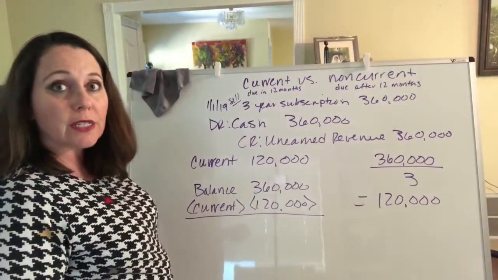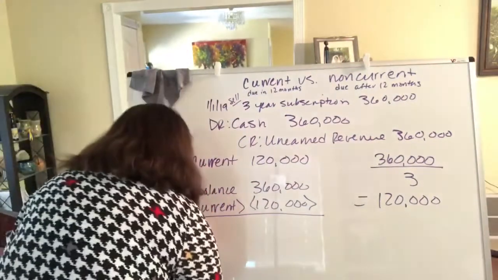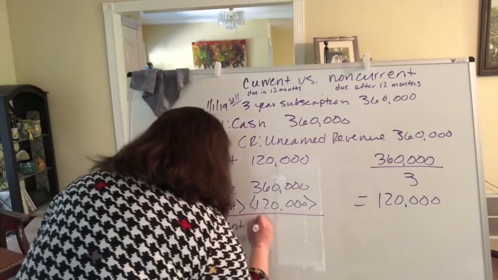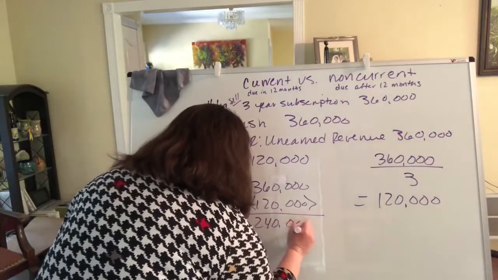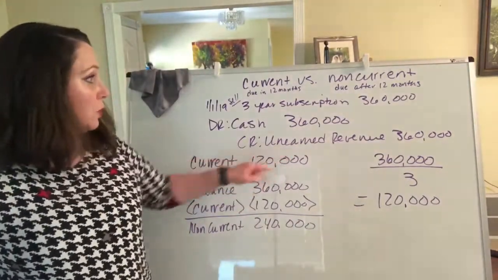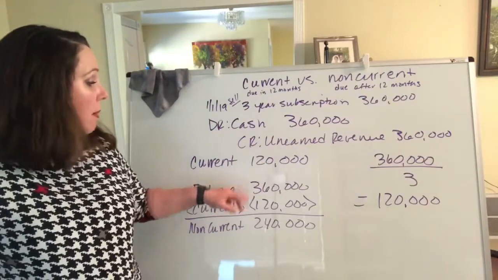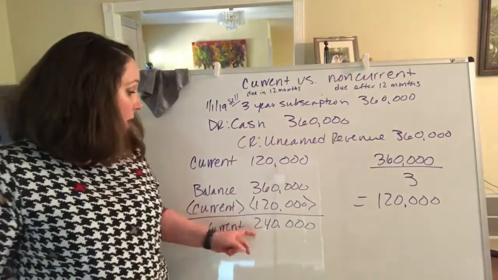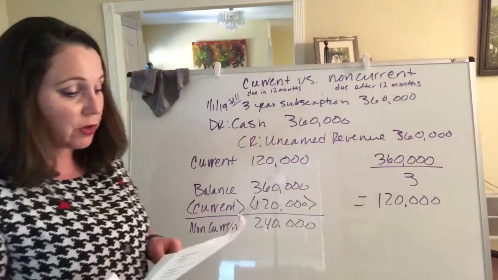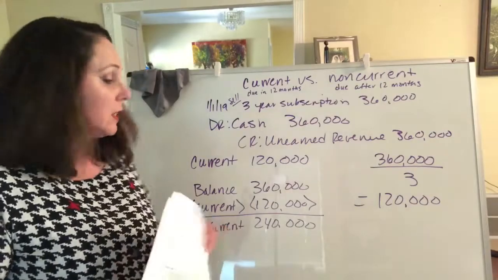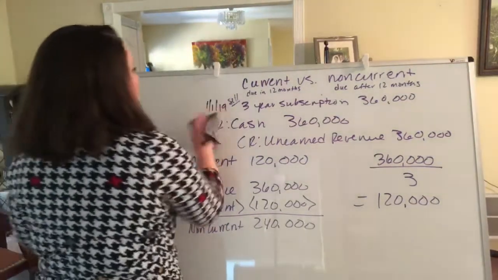So our non-current is going to be $240,000. Because our balance of $360,000, which was the journal entry we booked, minus our current portion of $120,000 is our non-current portion of $240,000. Okay, fair enough? Let's keep going through.